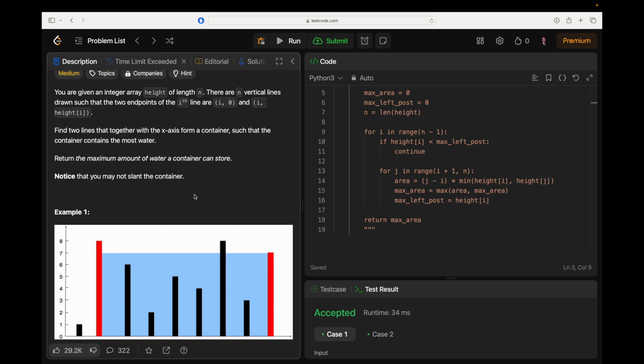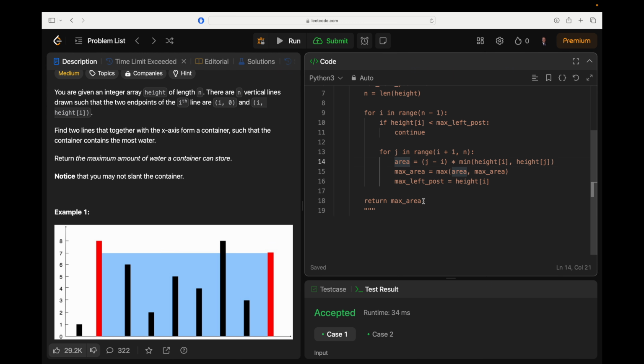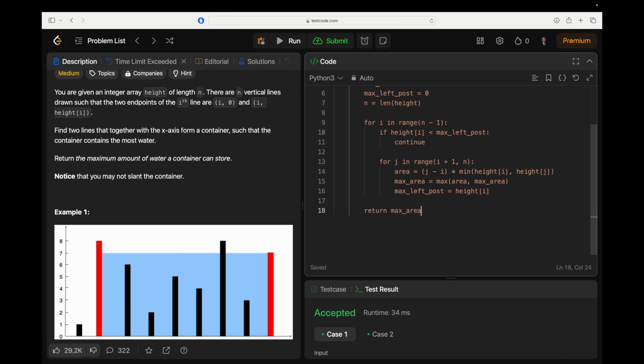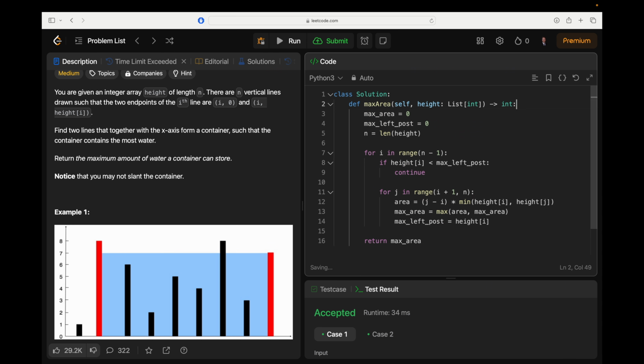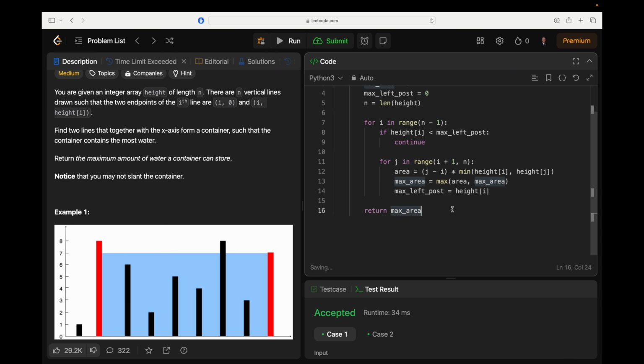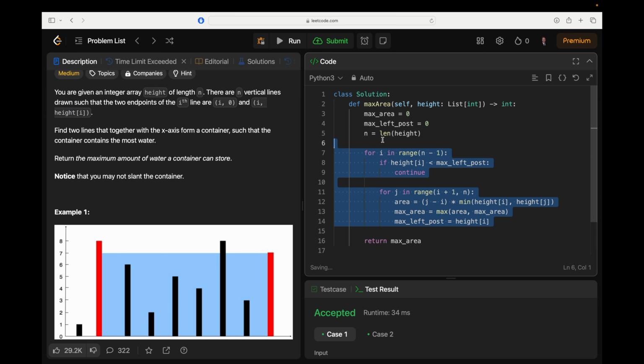Could we do like 2 pointers? Oh, hey, hold on. Maybe what we need to do is essentially do the same thing backwards.